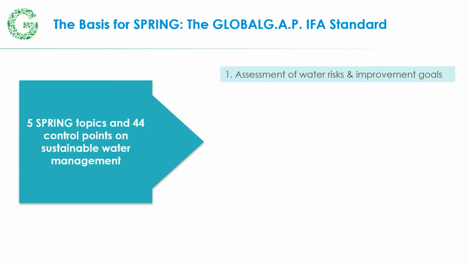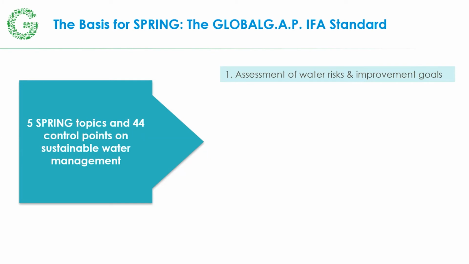This first part has the water risk assessment. That is a very, very important tool, and it has two more requirements that are very important. I am not going to talk about each of the 44 requirements, but it's very important to know that this first part is the first time that we are going to talk about stakeholders.